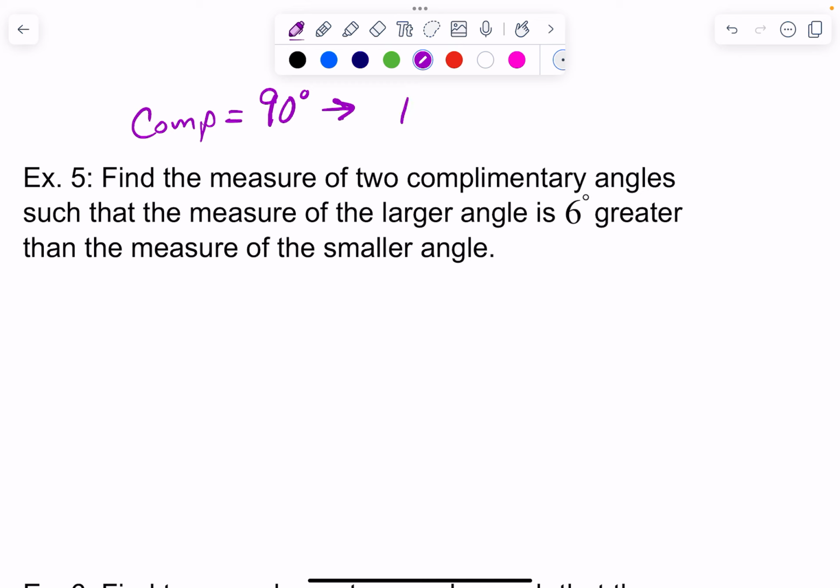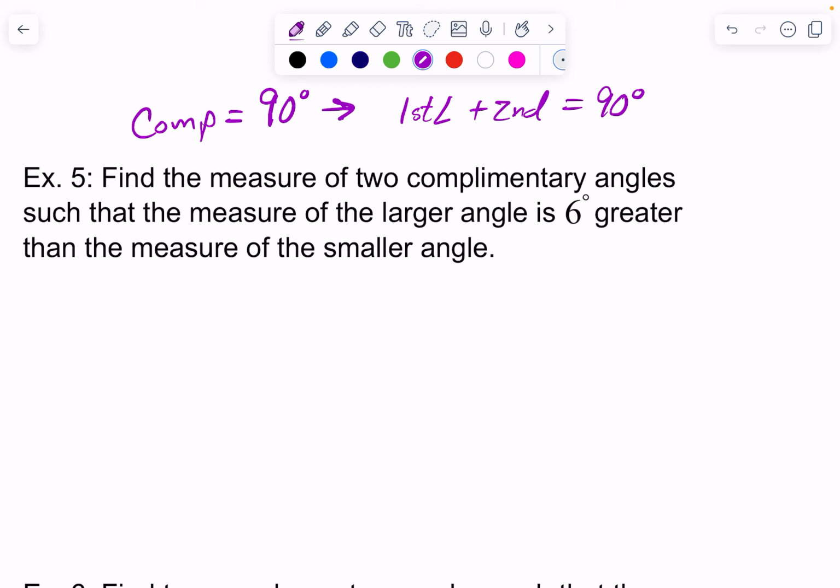So that means the first angle that they give you plus the second angle that they give you has to equal 90 degrees in order for the angles to be complementary. So with that knowledge, it says find the measure of two complementary angles such that the measure of the larger angle is 6 degrees greater than the measure of the smaller angle.